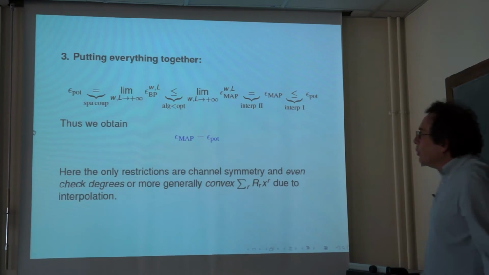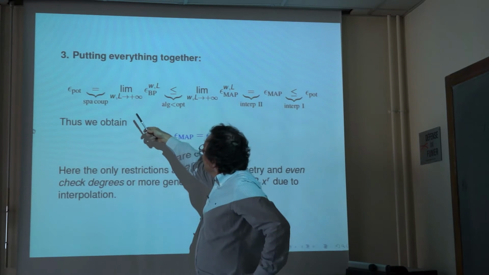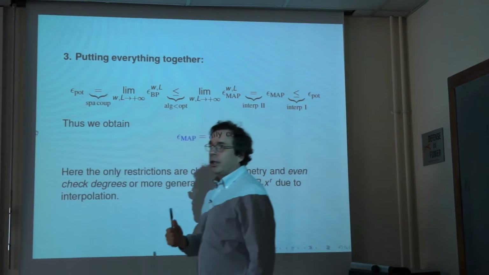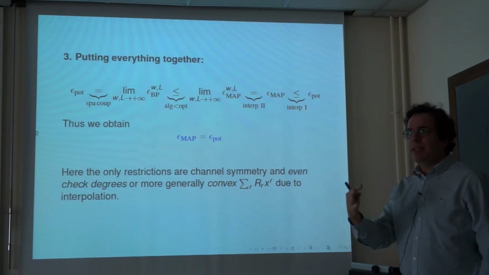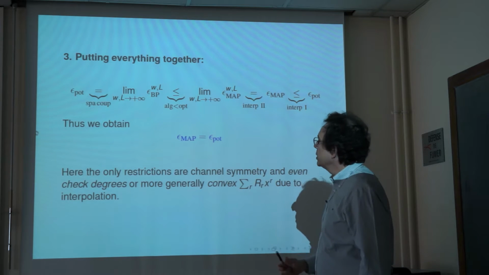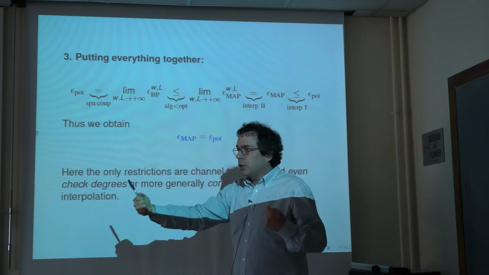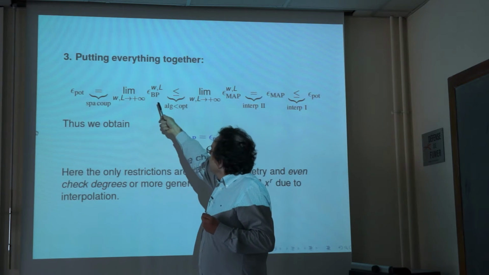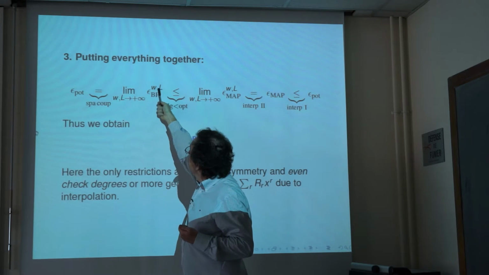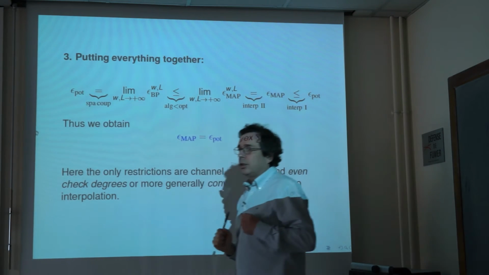So now I will put everything together. I have a potential threshold defined for a non-coupled LDPC ensemble, uncoupled, the one that I want to study. I do this spatial coupling construction, and I show that the belief propagation threshold of the spatial coupling construction is equal to this potential threshold.